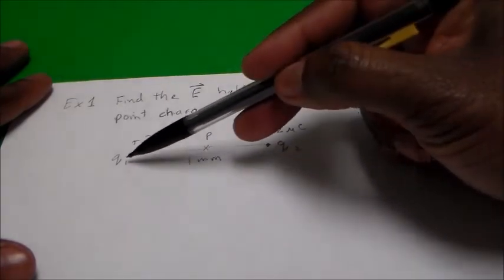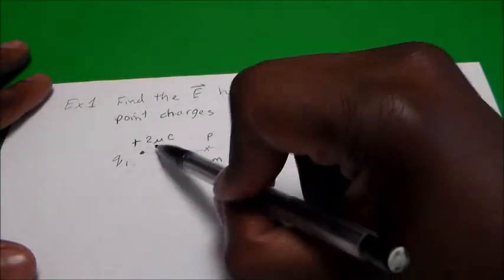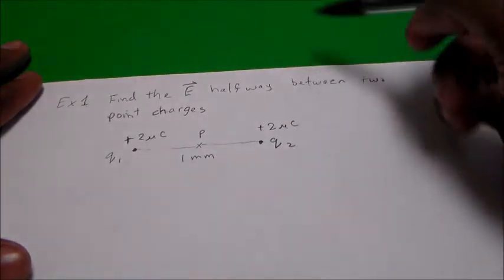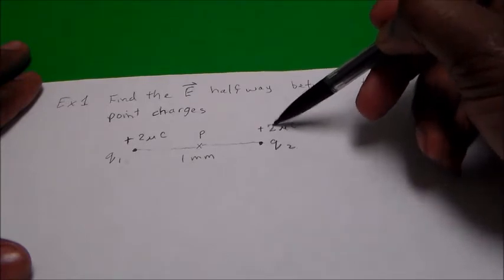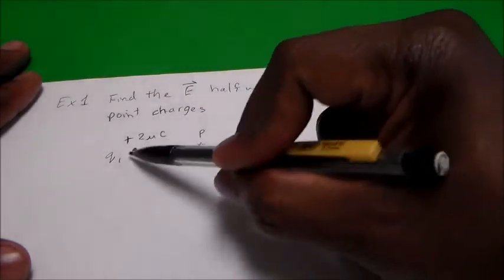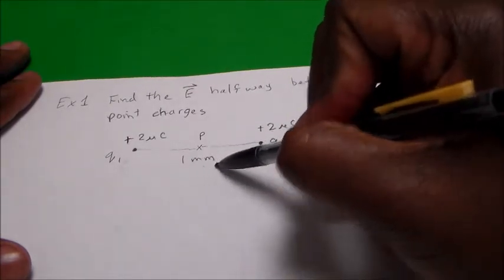Let's say those two point charges are Q1, which has a value of positive 2 microcoulombs, and Q2, which also has a value of positive 2 microcoulombs, and they're a distance of 1 millimeter apart.